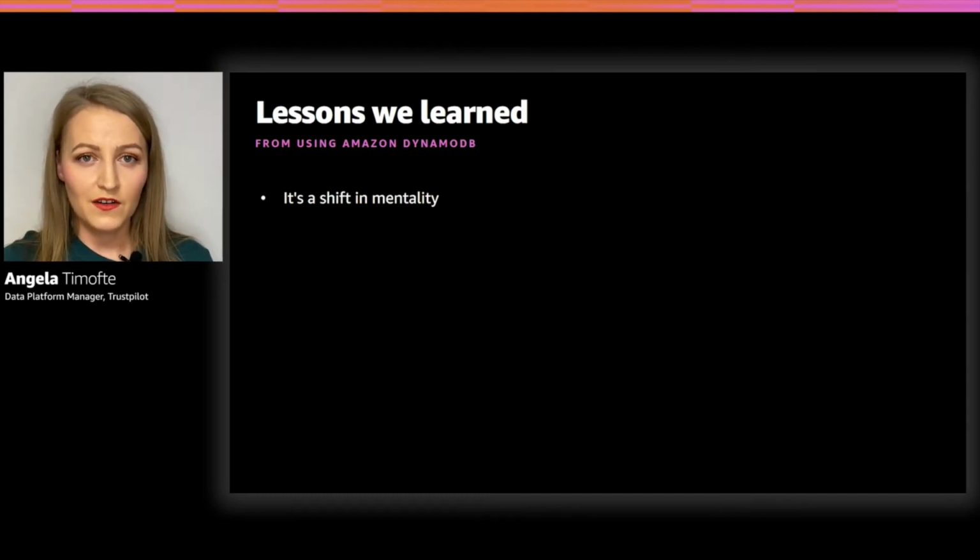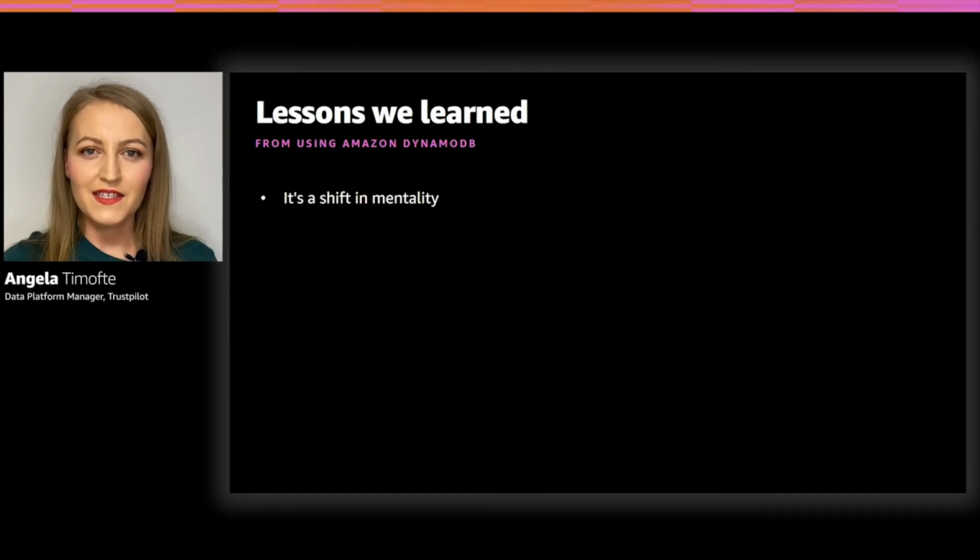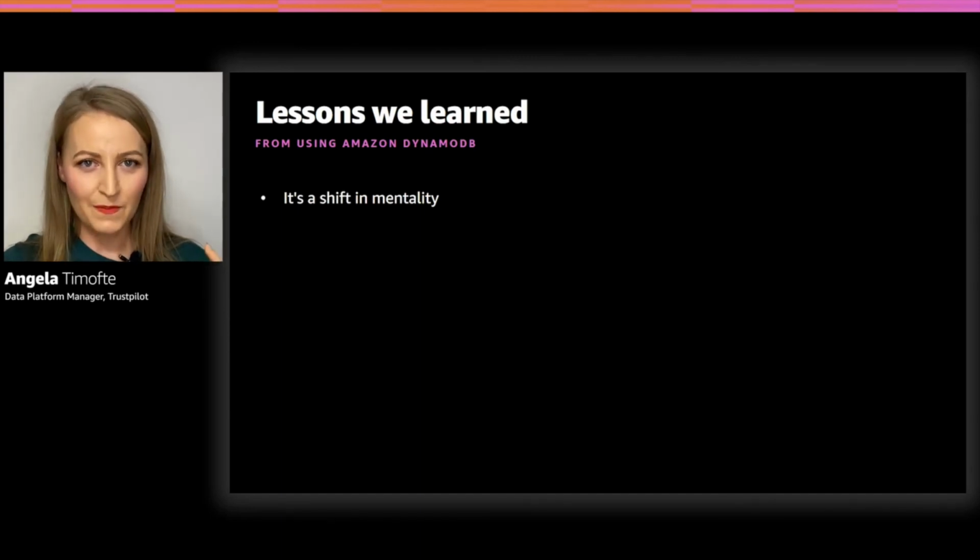Because we've noticed in our case, we're so used to MongoDB that it took us some time to see those access patterns and how we can store data in this new way. And I'm actually still noticing that when I get new employees, or when I give some of the more complex databases that we have to other teams that don't have experience with DynamoDB, it takes them some time to see these patterns. So really give people time to adjust to this.